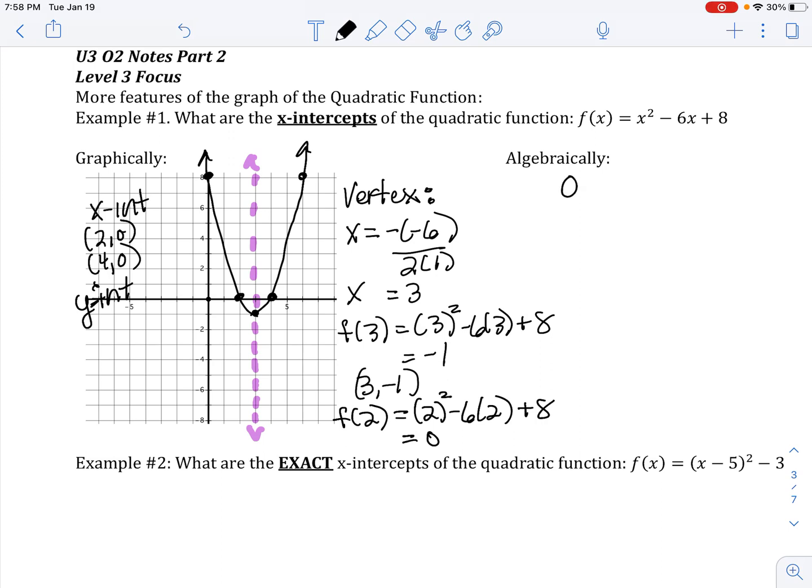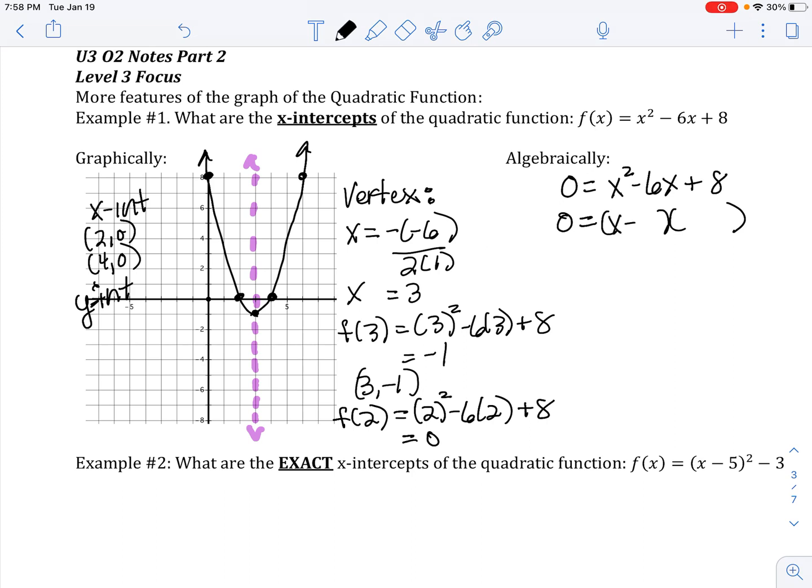Algebraically, we do what I spoke about in part 1, which is we set the function equal to 0 and solve by factoring, square rooting, or the quadratic formula. Obviously, factoring is usually the most efficient and easiest way to do that.